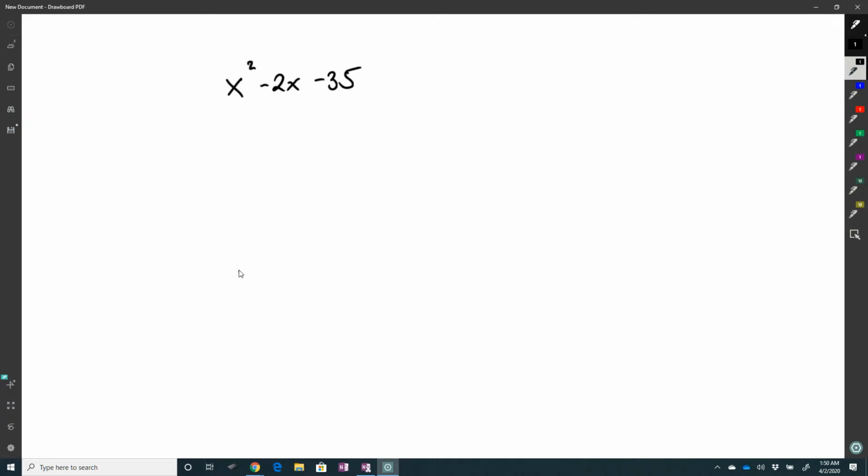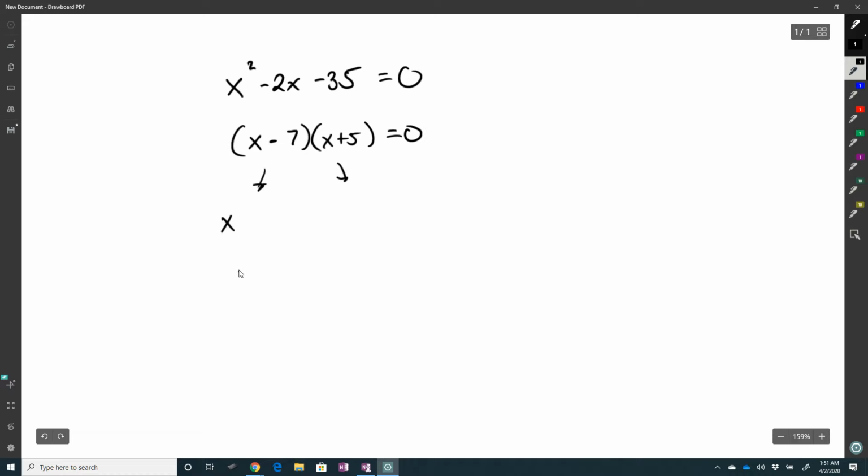What you could do is factor it. This is x minus 7, x plus 5. You set it equal to 0. This gives me x minus 7 equals 0 and x plus 5 equals 0. So we have x equals 7, x equals negative 5.